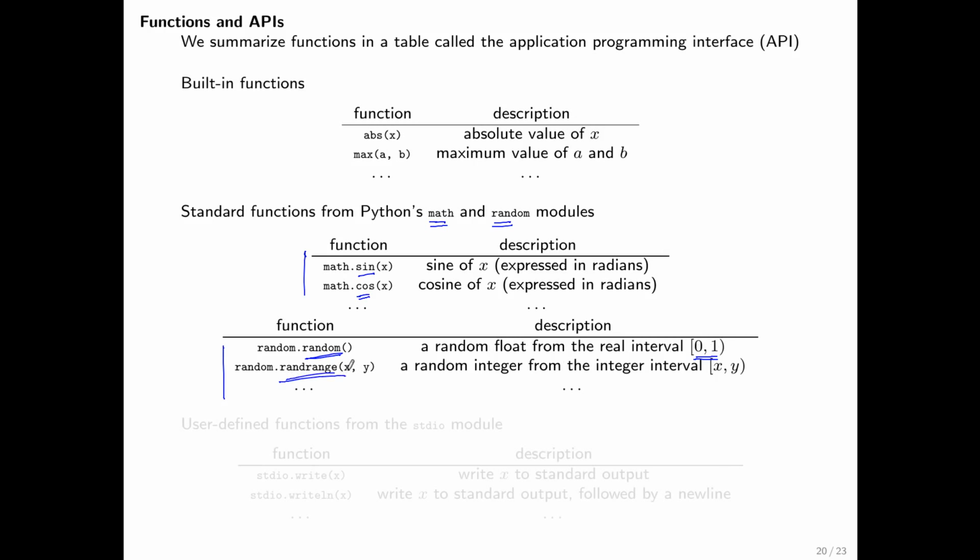And then randrange is a function that takes two arguments as integers x and y and returns a random integer from the interval x through y, where x is inclusive and y is not.